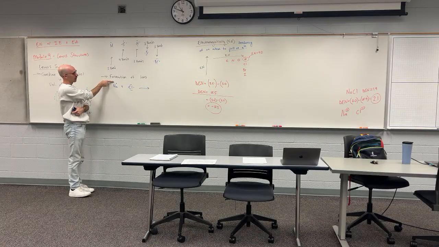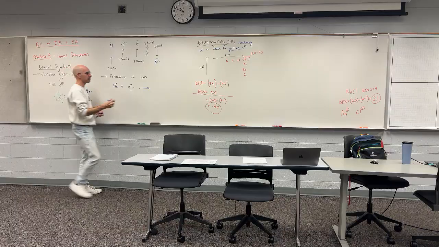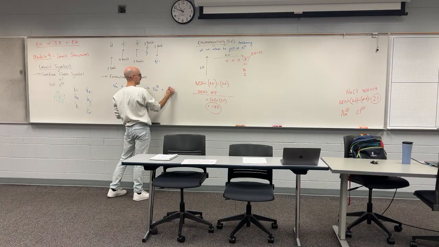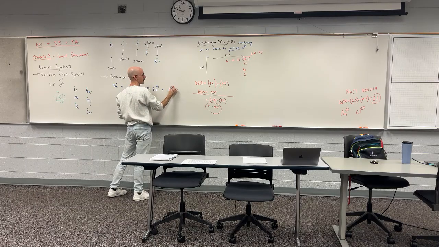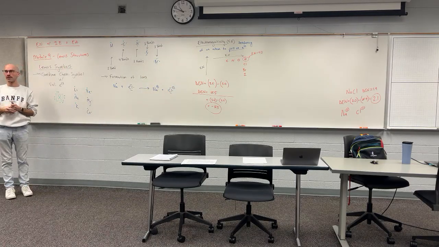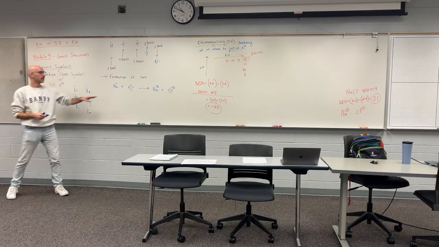Notice that there's 1 electron on sodium and 7 electrons on chlorine, and these will preferentially become Na plus and Cl minus, where now Cl minus has 4 pairs of electrons, an octet. Chloride has its 8 electrons.